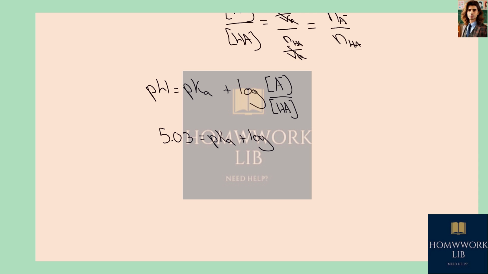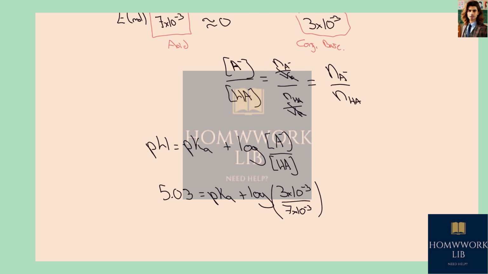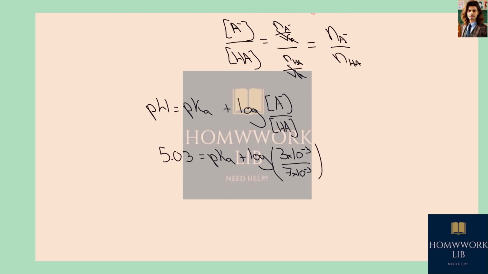So we can simply write it in terms of the moles. Why? Because we did this argument that allows us to simplify that a little bit. So dividing 3 times 10 to the minus 3 by 7 times 10 to the minus 3 is the same as doing 3 over 7.